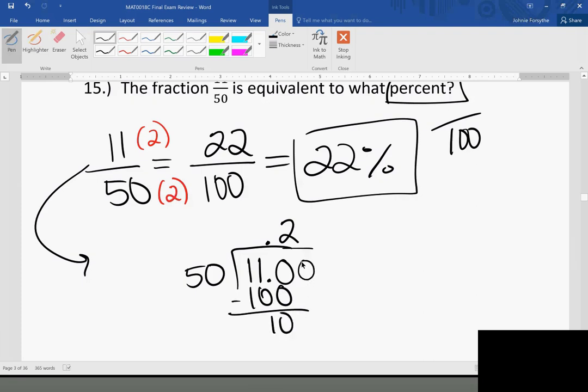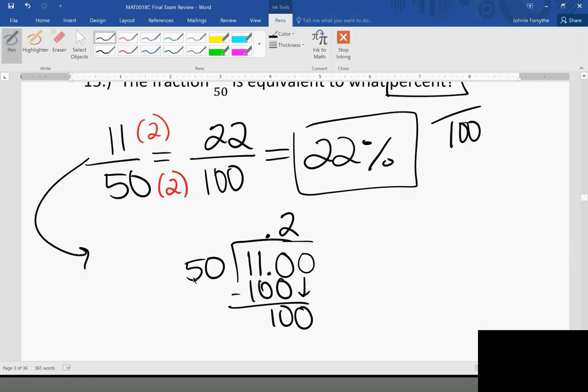And then I would put another 0 and bring it down. And so now 50 divides into 100 2 times. 2 times 50 is 100 with a 0 remainder. So we have 0.22. To change a decimal to a percent, you multiply that decimal times 100.